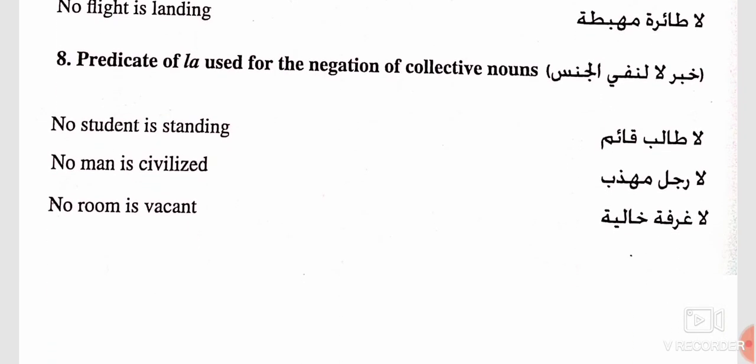Then khabaru la li nafiyal jinsi. The predicate of la used for the negation of collective nouns. This is the last one of getting raf'a, the nominative case. La talibun qa'imun. No student is standing. Qa'im is marfu'.